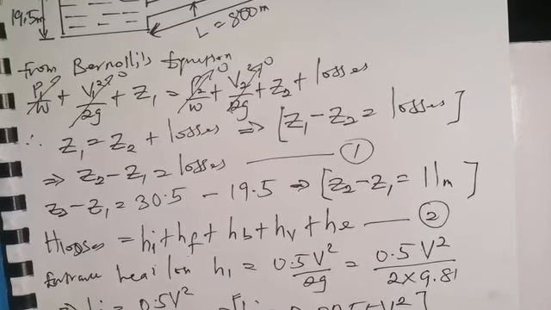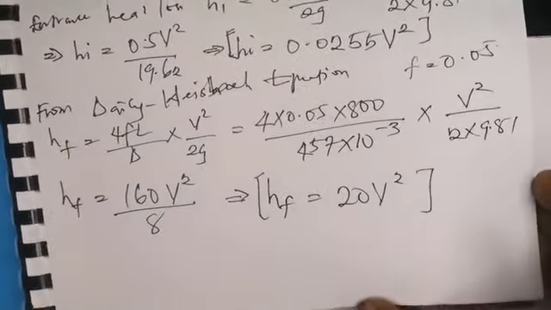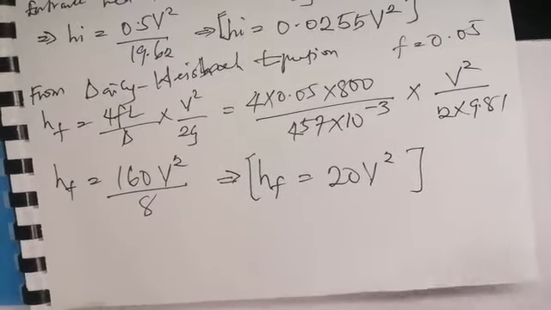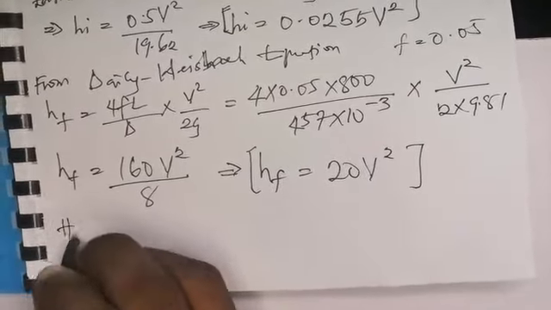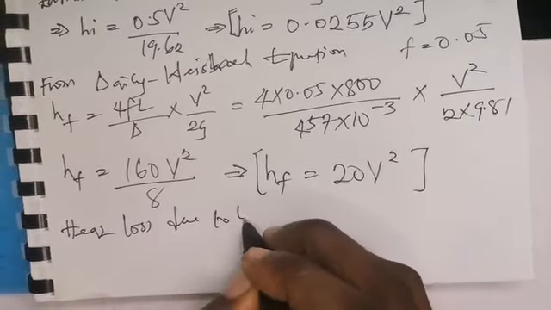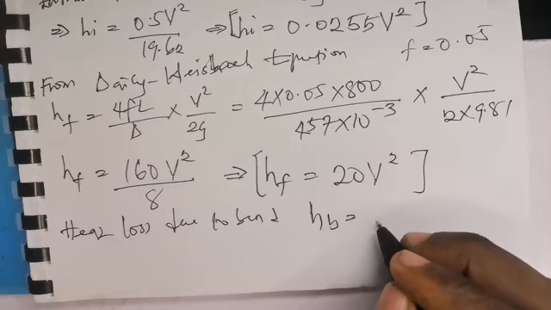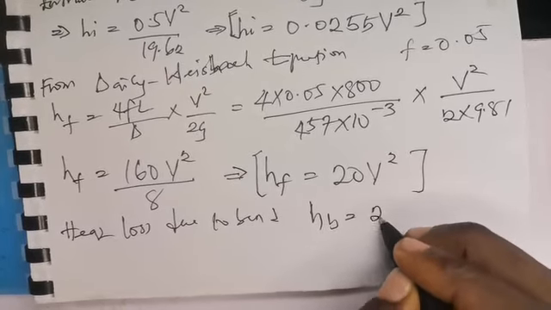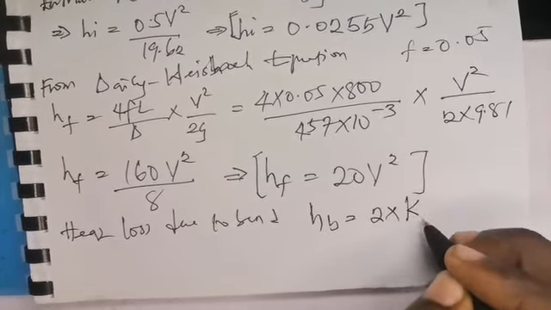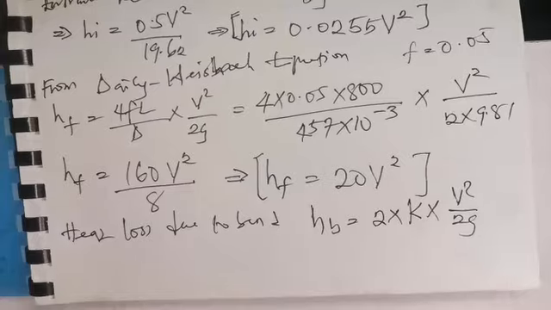It was stated in the question that there are two angular bends in the pipe. For that reason, the head loss due to bend, HB, is going to be equal to the total number of bends, 2, times the coefficient of bend, k, times V squared all over 2g.